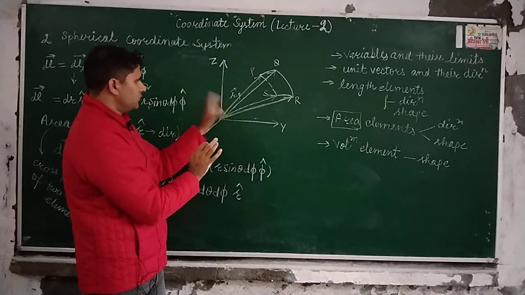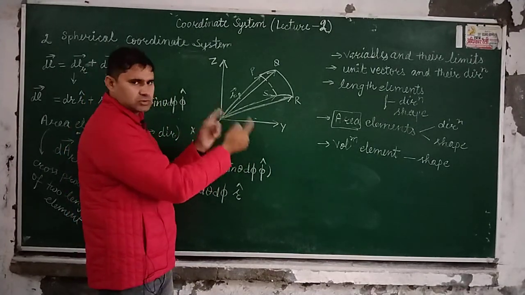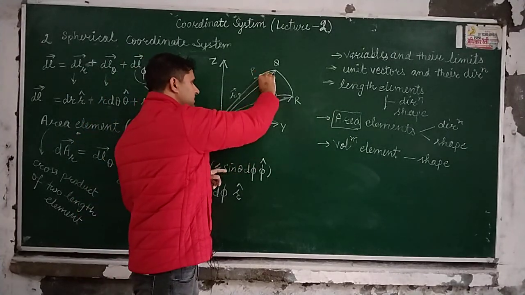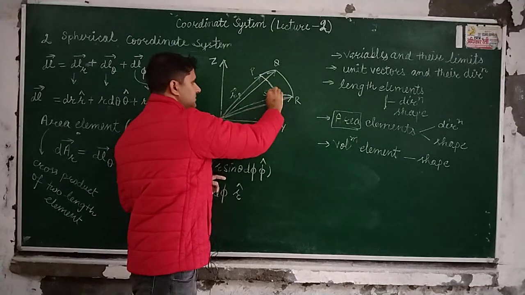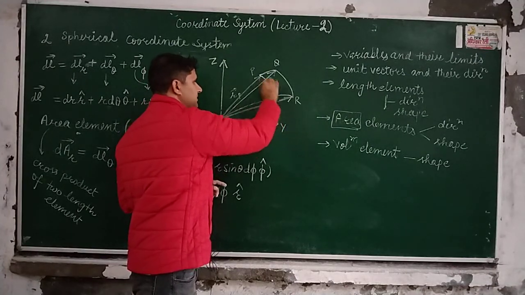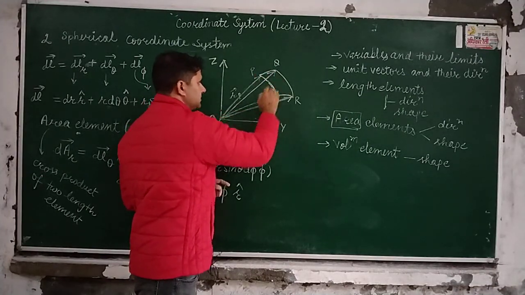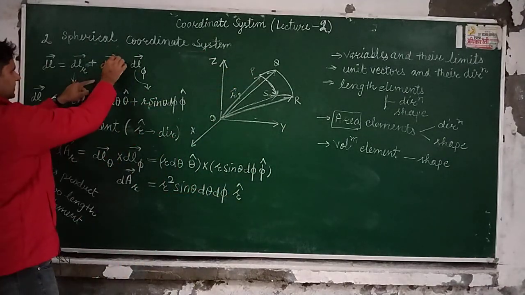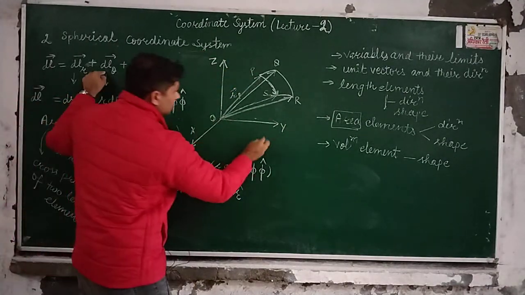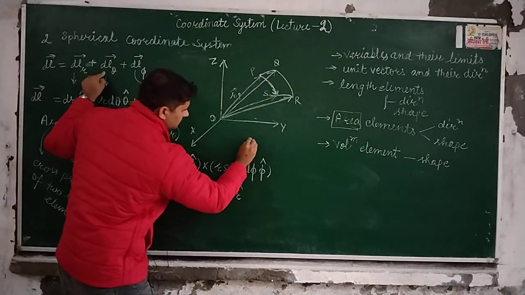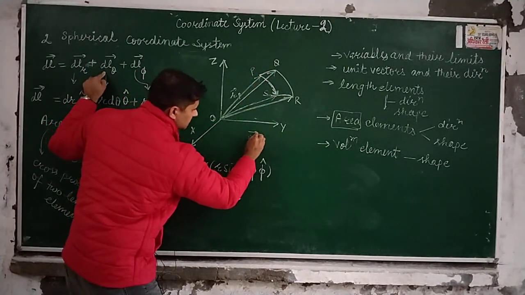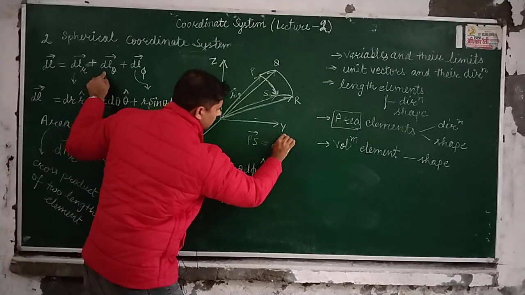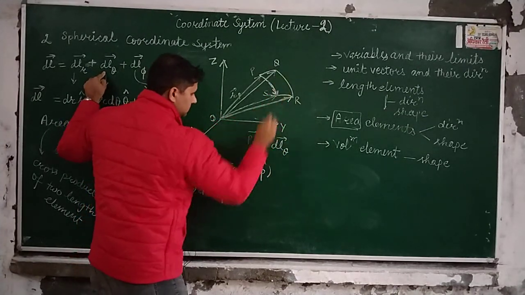So here we can conclude that the radius is constant. And then what is changing here? This length element ps, this is dl theta.